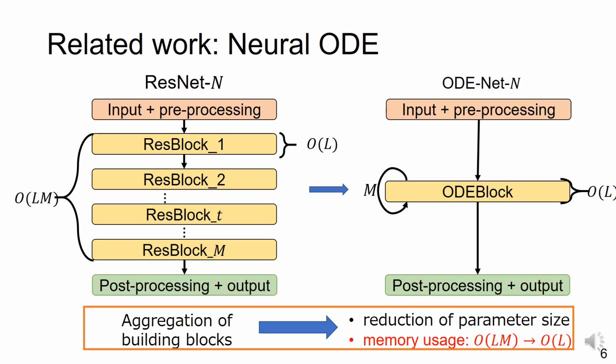If we assume that the order of memory required for one building block is O(L), the required memory is O(LM) in ResNet, because there are M building blocks stacked. On the other hand, in ODENet, the required memory is O(L), since the same ODE block is repeatedly used. Ideally, ODENet can be implemented with 1/N the number of parameters of ResNet.